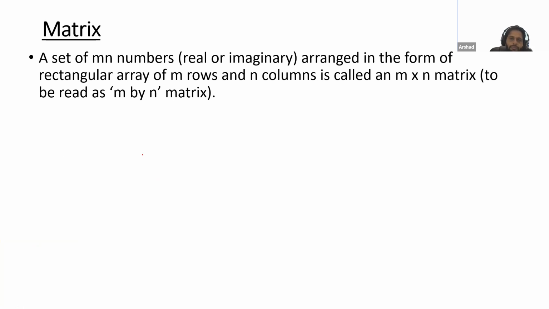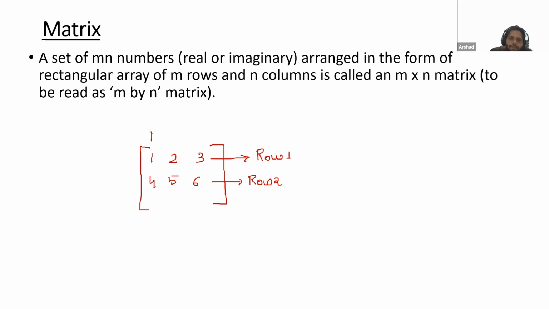Okay, so please remember the matrix is represented like this. And here we write the numbers, for example, this. This horizontal one is said to constitute the row. This is row 1 and this is row 2.